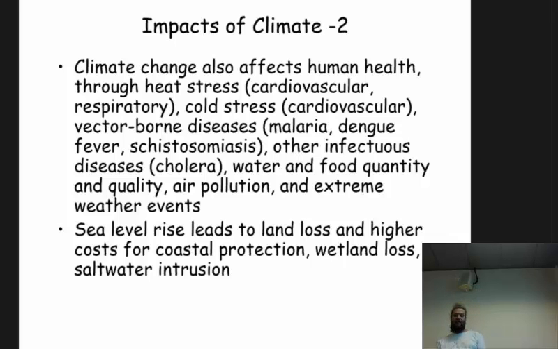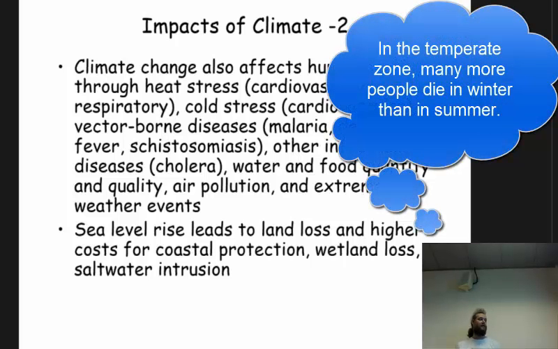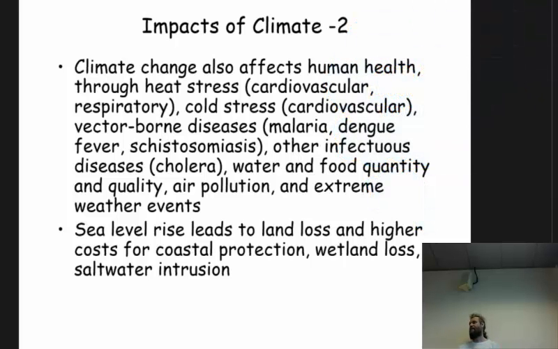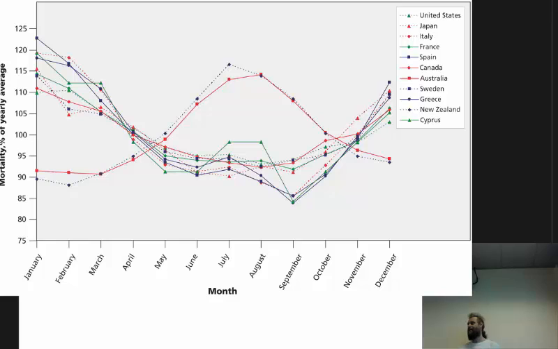And you would expect that if it gets warmer, you would see fewer cold-related diseases. Now, in a place like the Netherlands, the number of excess deaths in winter is 10 to 100 times as high as the number of heat-related deaths. People tend to die in winter time.